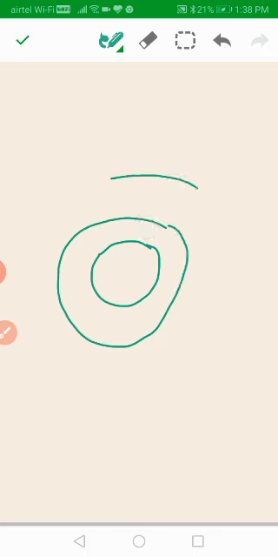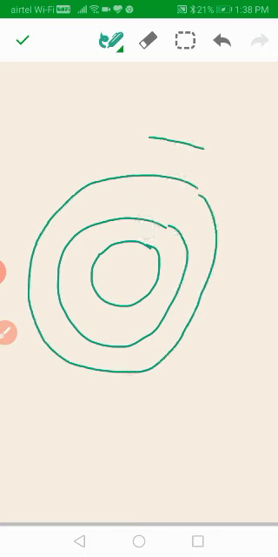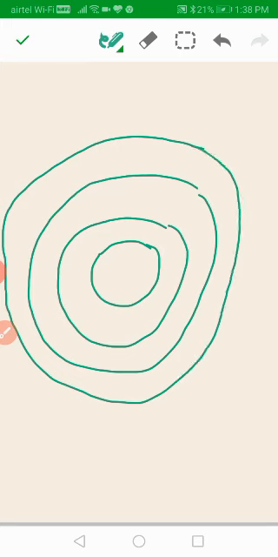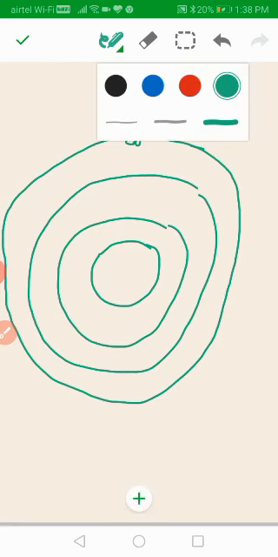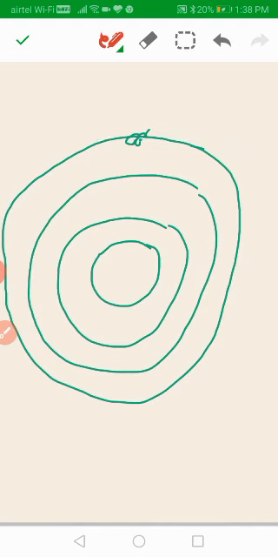As we know the basic structure, there is a nucleus and there are orbits, and here we are talking about the electron in the outermost orbit. So here the electrons are loosely bound.